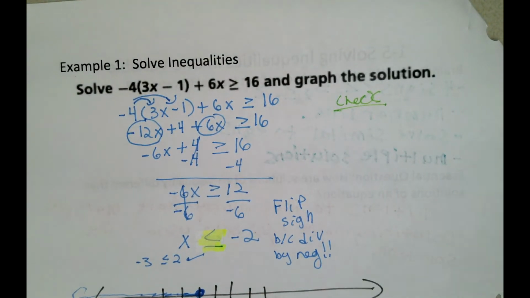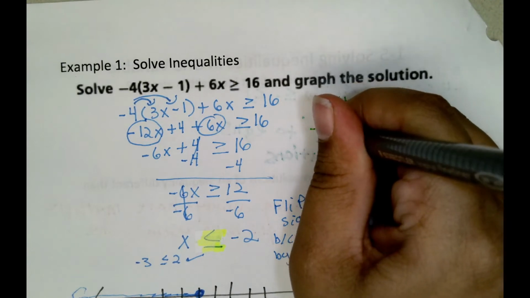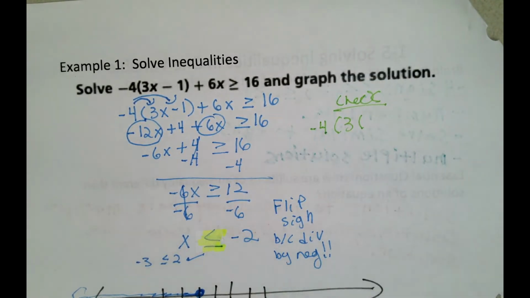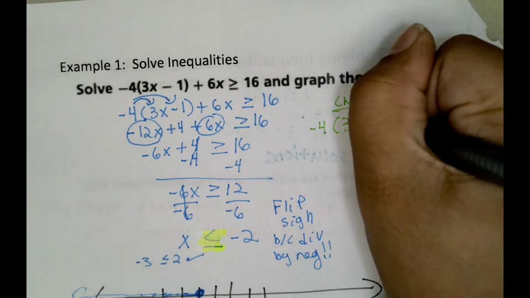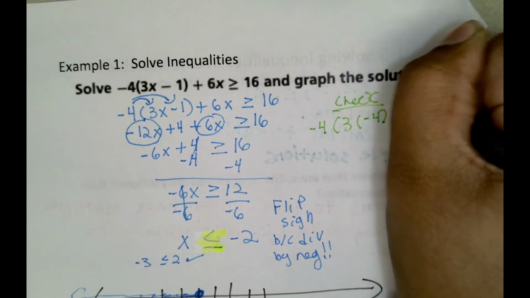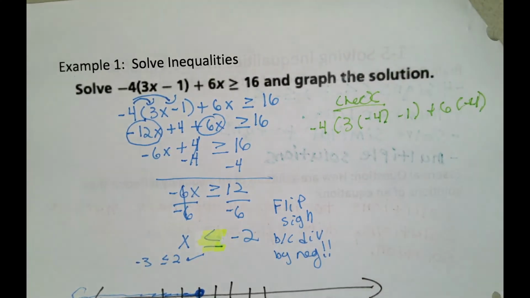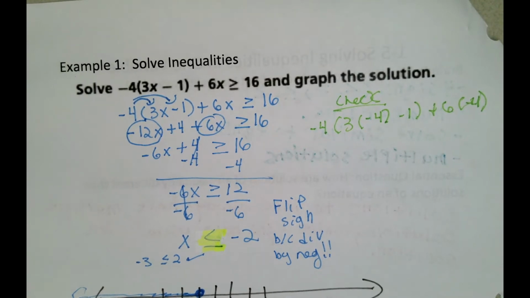Okay, the next thing we need to do is get that 7 on the other side. So add 7. 19 plus 7 is going to give us a 26, so it's greater than or equal to negative 2x. So now what we're going to do is divide by negative 2.